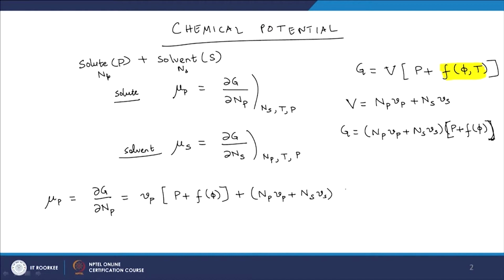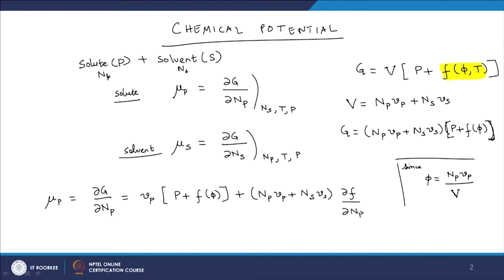So, we have dou F by dou Np, and again since we know that at least for a constant value of Vp we can write Np in terms of phi again.